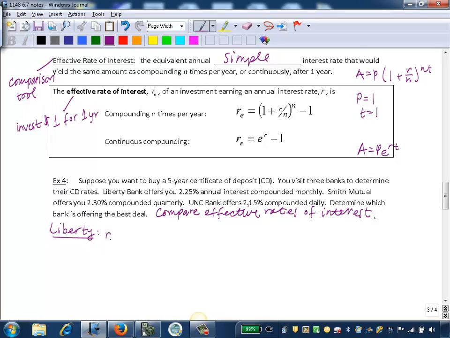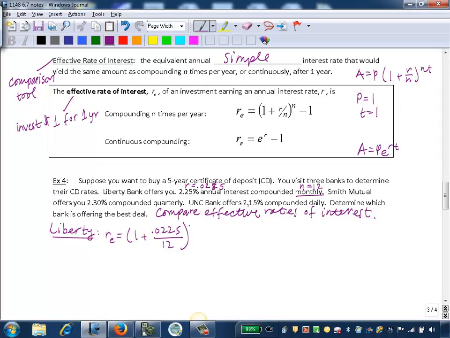For Liberty, our effective rate of interest is 1 plus R, where R is 2.25%, so 0.0225. Our N is 12 because it's compounded monthly.